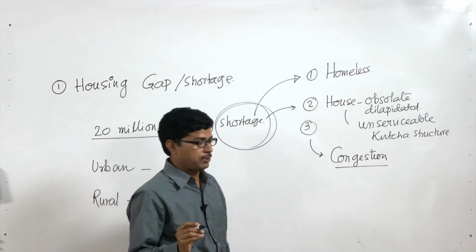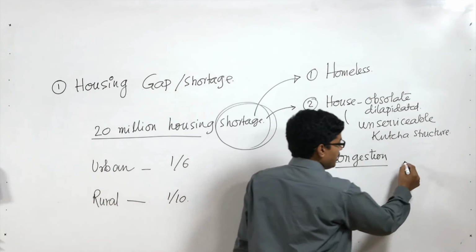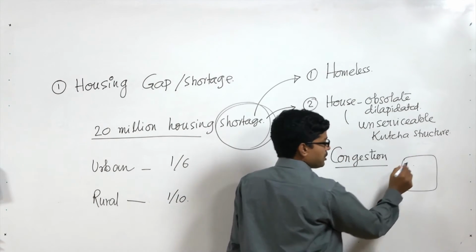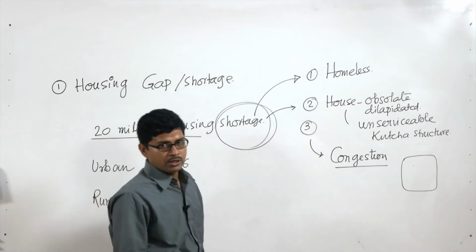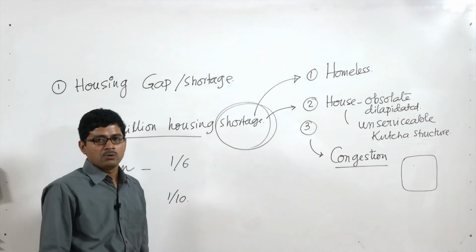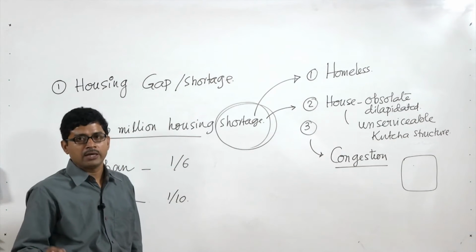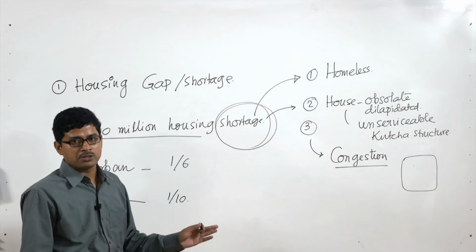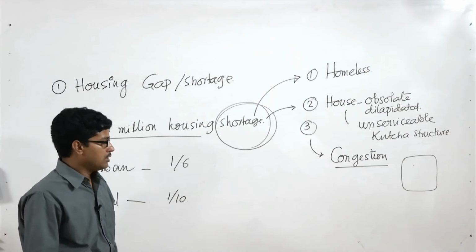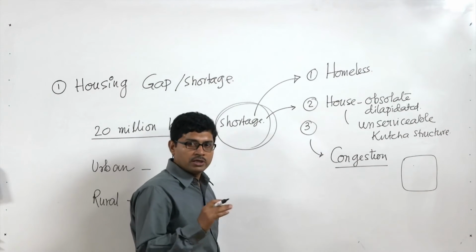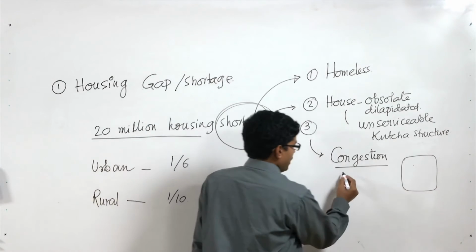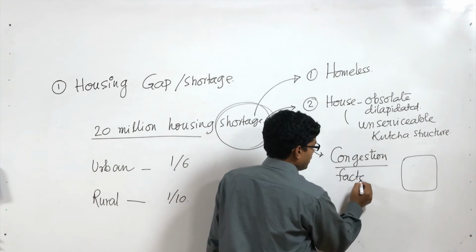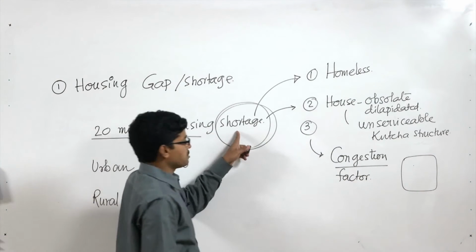As per the government of India, congestion is defined in a room if there is more than 2 families, or if more than one family with another adult person in the same room, in those cases those are called congestion factor, and thus congestion factor will cause need for another new house, and based on this congestion factor it will increase the housing shortage.